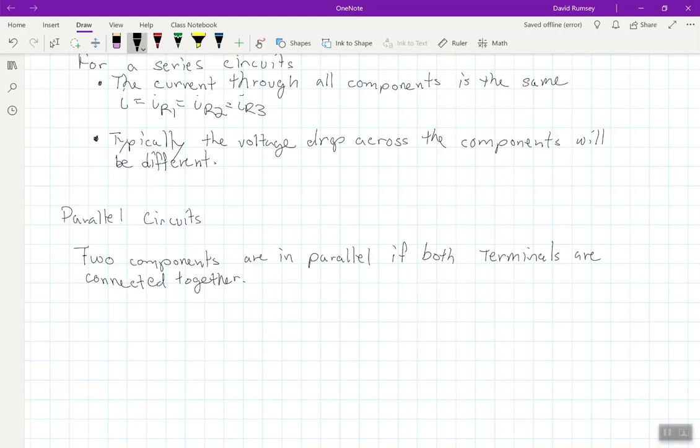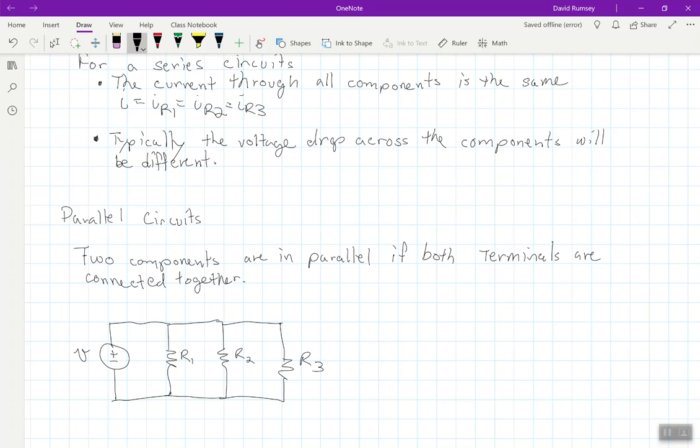So in this case, we're not talking about having only one terminal, we're having both of the terminals connected together. So let's look at an example here of a parallel circuit. And again, we'll have a voltage supply, R1, R2, and then R3.